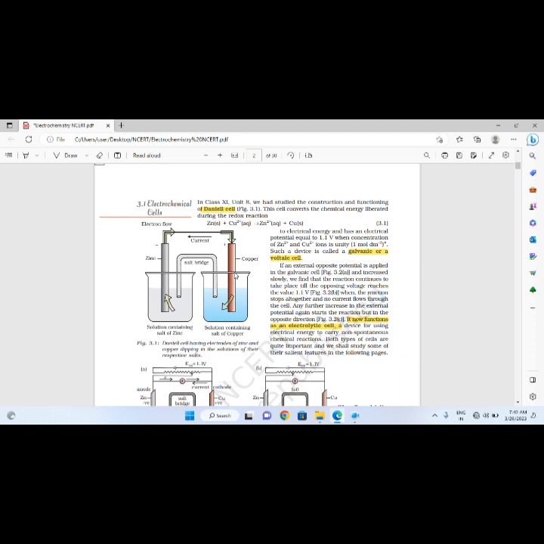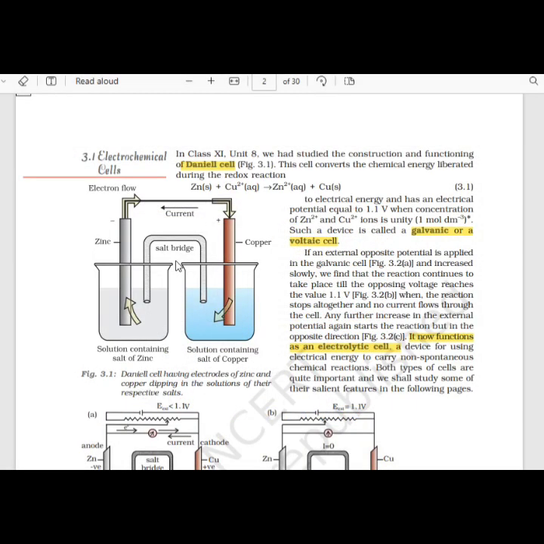Here the simple description is given about the Daniell cell and electrolytic cell. Here we can see the simple Daniell cell, where on this side a zinc rod is used, and on this side a copper rod is used.